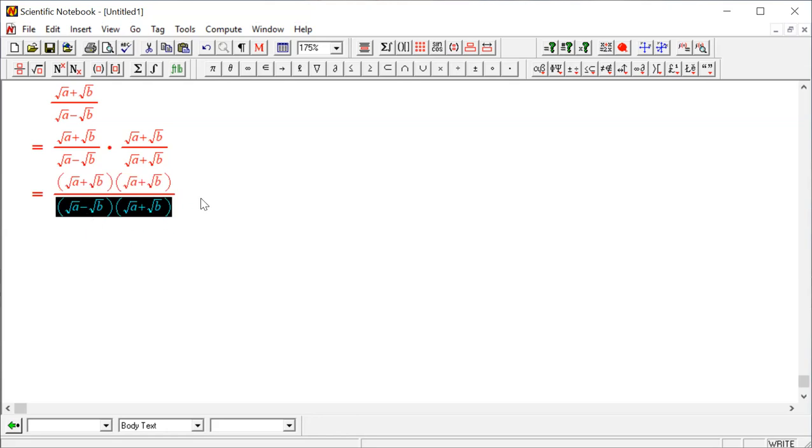With that conjugate, we know that if we have A plus B times A minus B, it will equal A squared minus B squared.